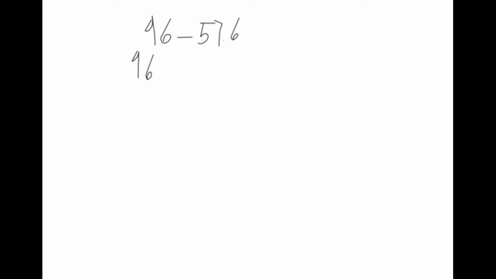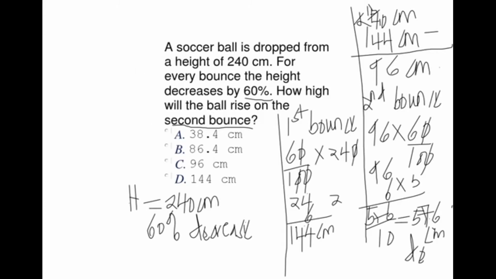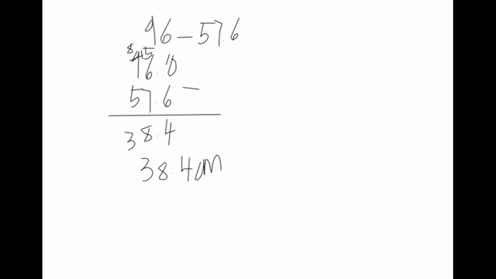So 96.0 minus 57.6 will give us, this is 5, this is 10, so we have 4 point. 5, this is not enough, we borrow, we have 15 minus 7 is 8, then 8 minus 5 is 3. So we have 38.4 centimeters. So on the second bounce, the ball will rise up to 38.4 centimeters.